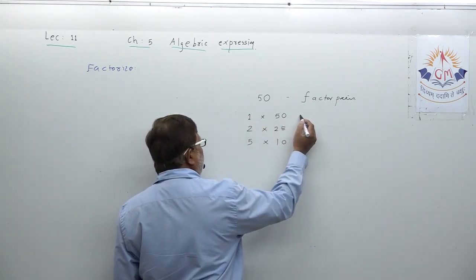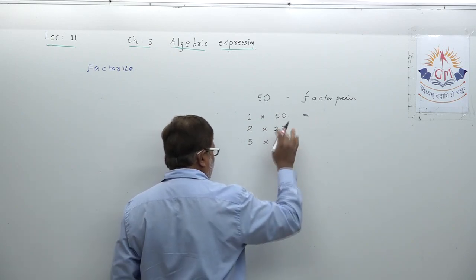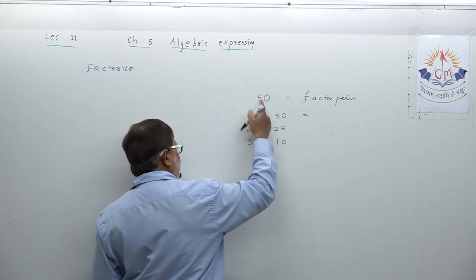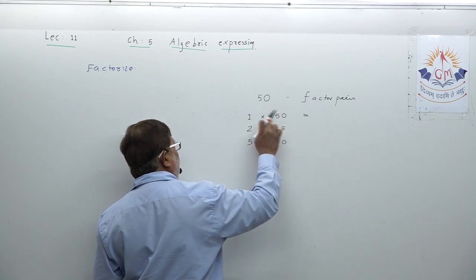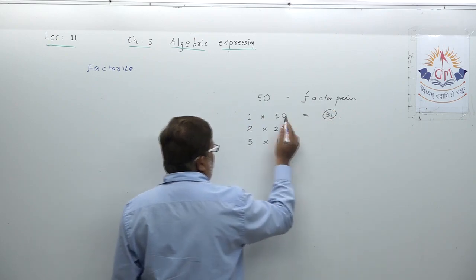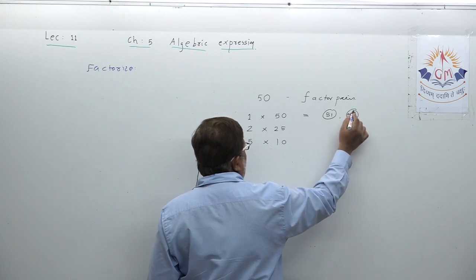Now dear student, try to understand. This is going to be a concept in understanding splitting term. These are factors of 50, that is sure. If I add them, I get 51. If I subtract them, I get 49.